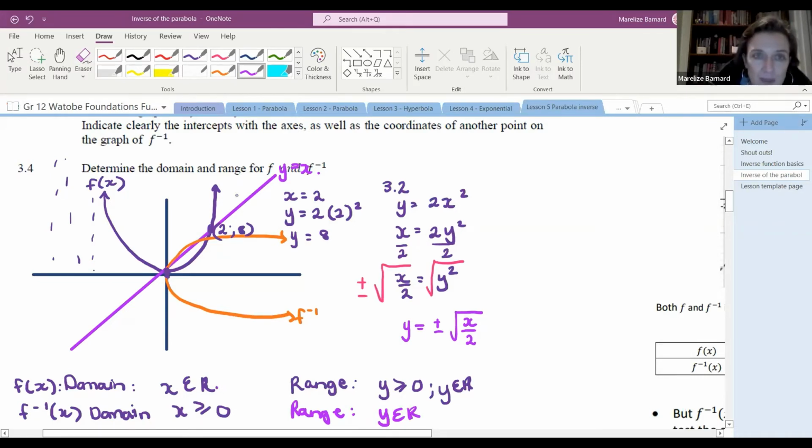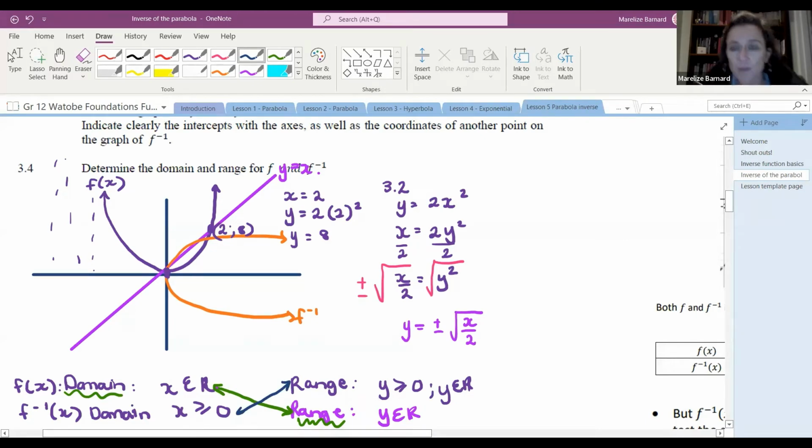And remember, for your inverse, your domain and your range will swap. Do you see, for f of x, the domain is the same as the range for the inverse. And for f of x, the range is the same as the domain of the inverse.